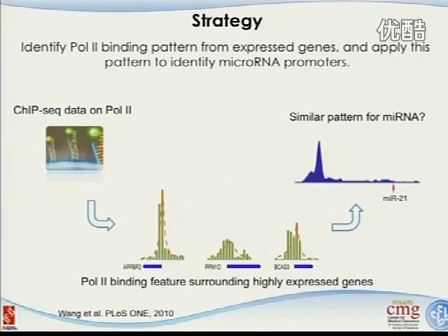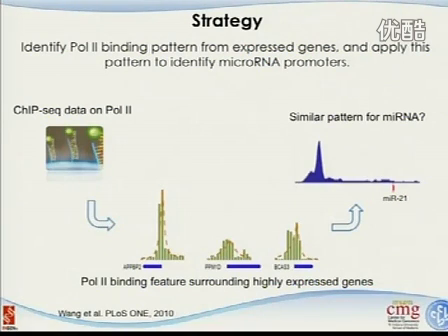If we were able to figure that out, we can further apply that to the microRNA, because we know where the microRNA is, and then we just go upstream to search for similar patterns and to further identify the promoters. So this is our general strategy.